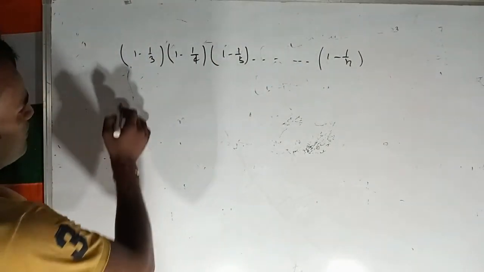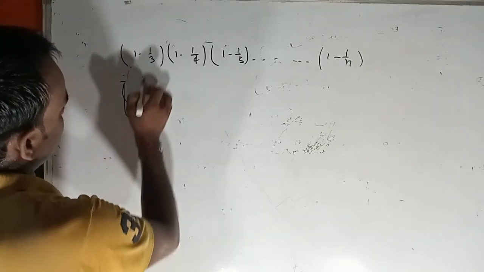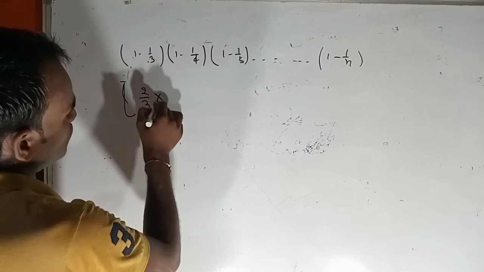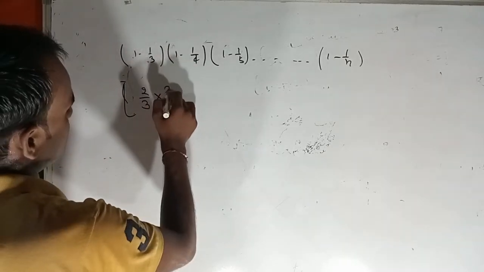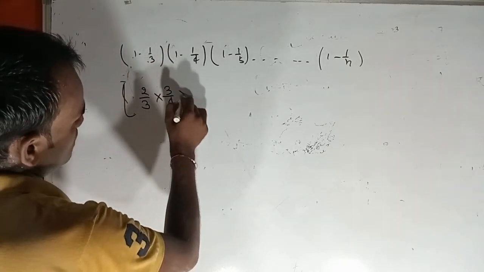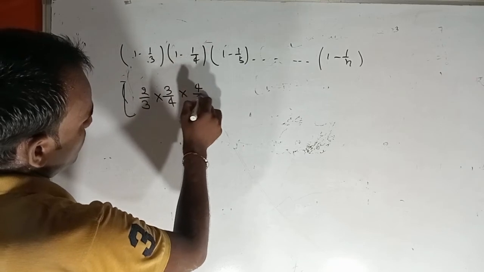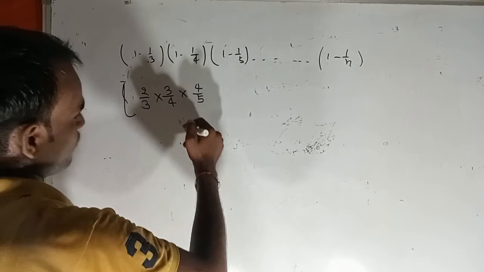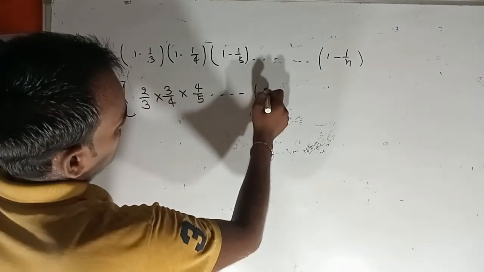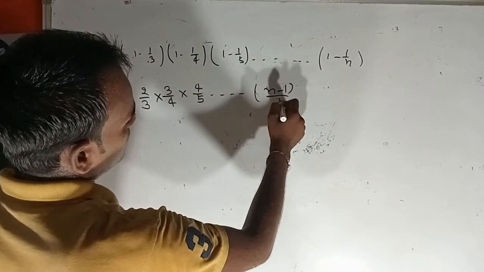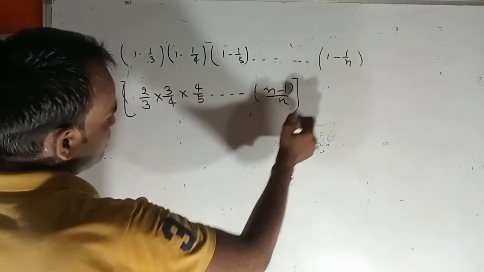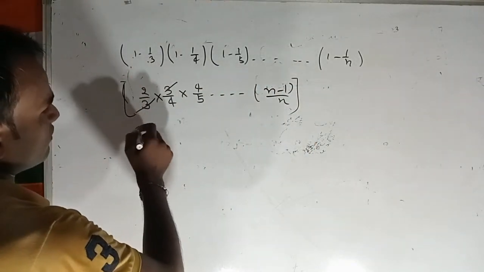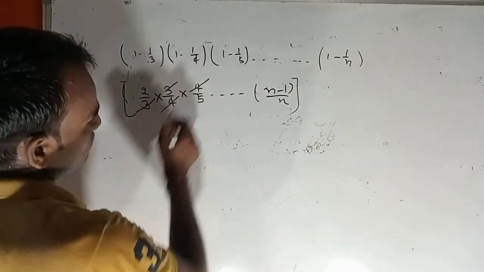What we will see here is that 3 minus 1 means 2 by 3, into 4 minus 1 means 3 by 4. Similarly this will be your 4 by 5. Up to here it will be (n minus 1) upon n. So from 3 to 3 will be cancelled, 4 to 4 will be cancelled.